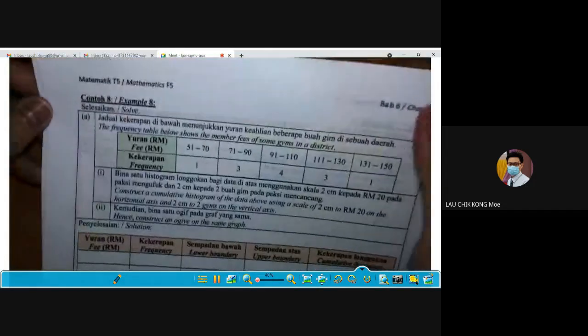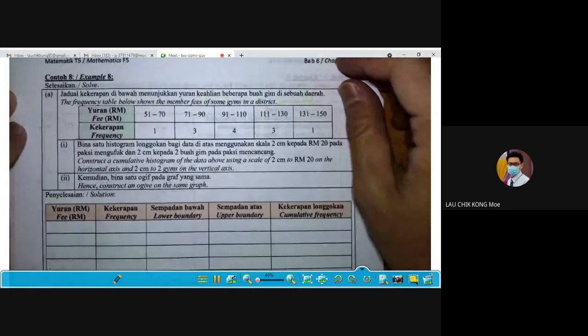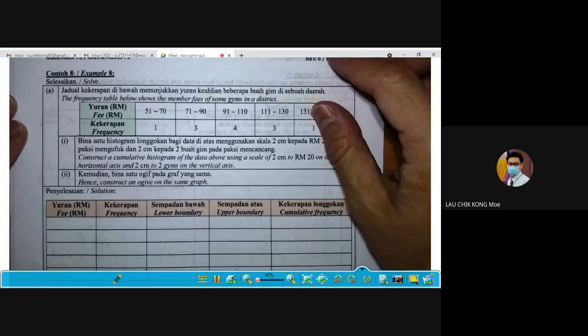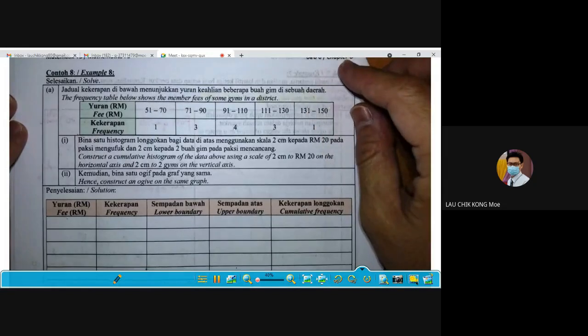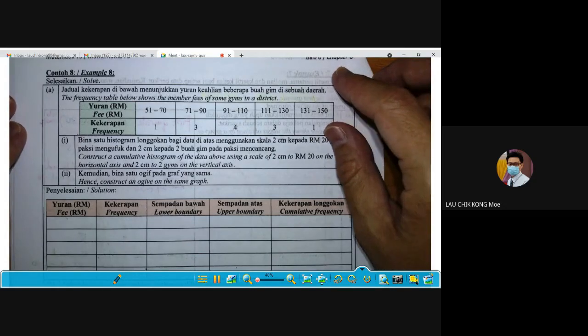Okay, and then this Friday we will have a topical test. Sudah lama sebelum ini saya rasa saya lupa. Saya ada beritahu bahawa nak buat ujian tapi saya tak bagi. We will go to the test, topical test 5. Topic 5. There is a concurrent enlargement and combined transformations.